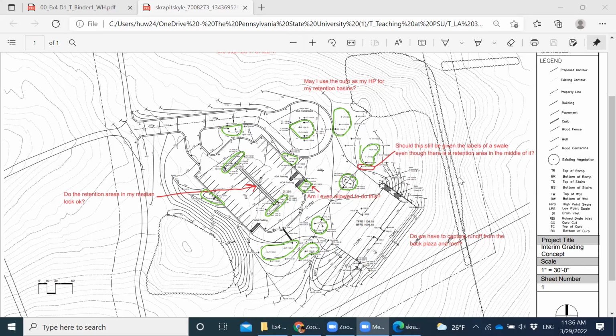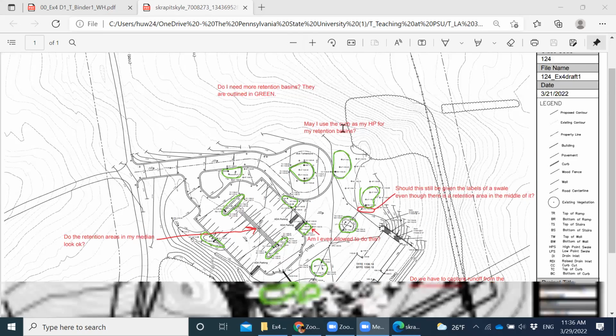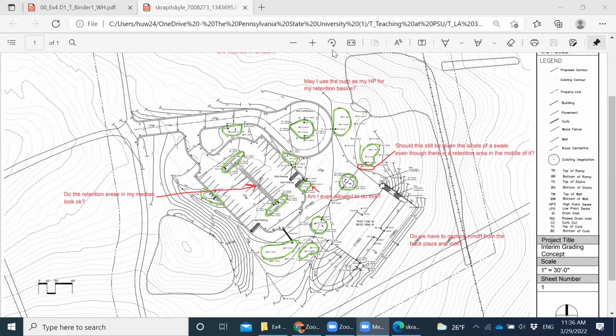All right. Let's start by checking if all the retentions are accounted for. So this one goes here, that one goes there. This one treats the plaza. And this diversion will need to be changed.